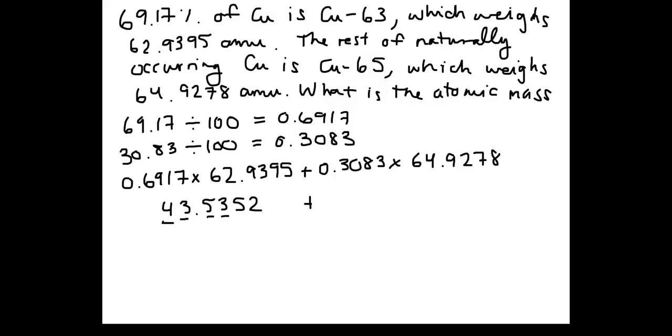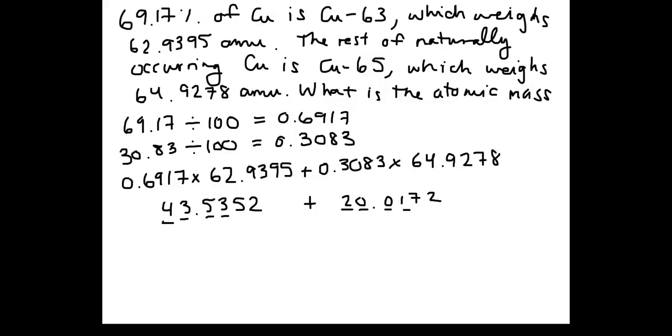And then we're going to do the same for the other part, 0.3083 times 64.9278 gives you 20.0172. And how many sig figs there? 4, because 0.3083 has 4 sig figs.